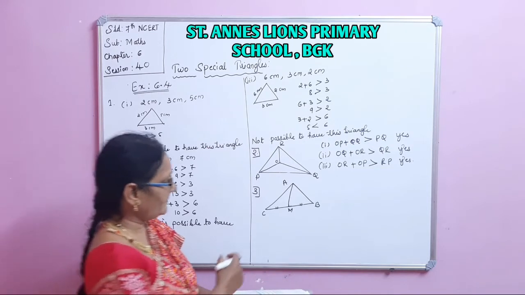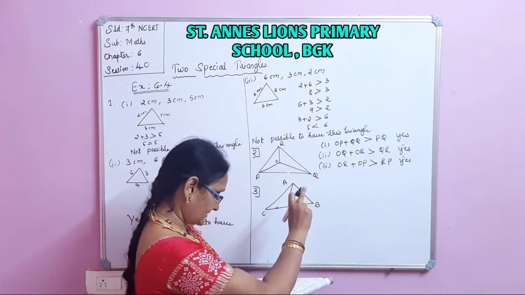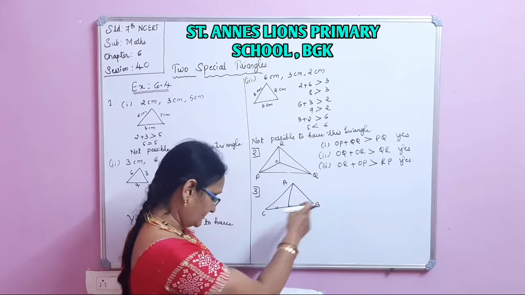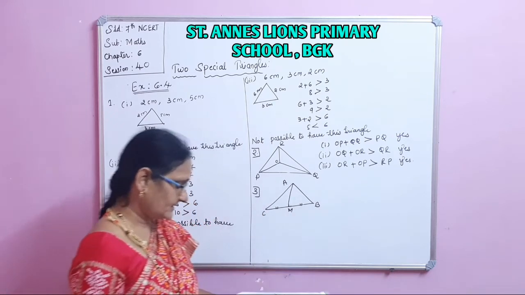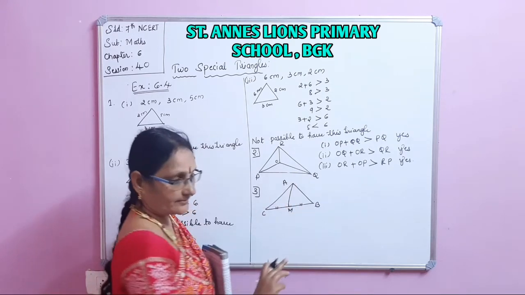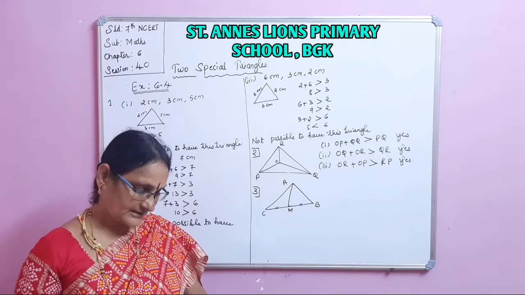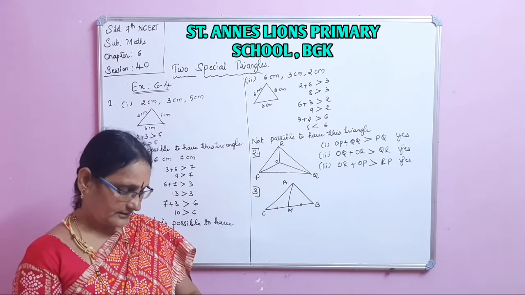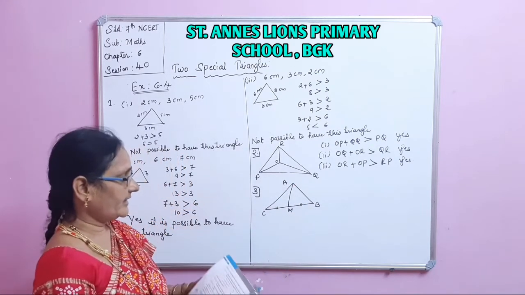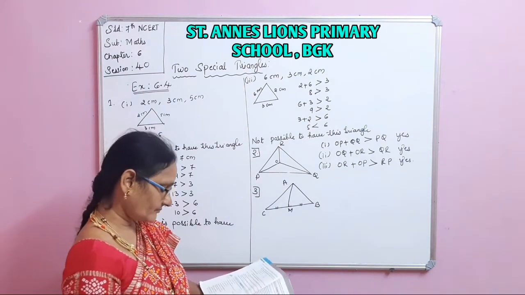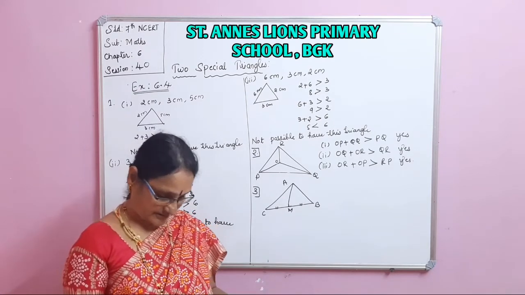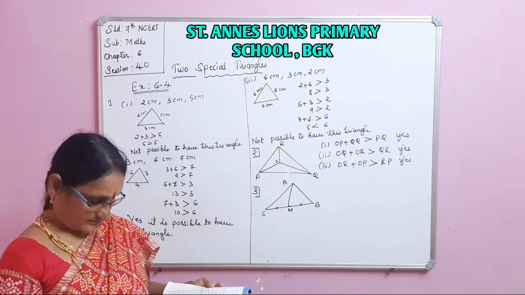That is, 2 times AM. Consider the sides of triangles ABM and AMC. We have to solve this.